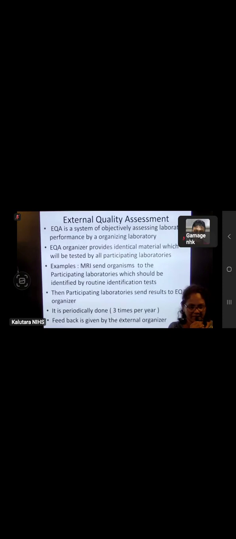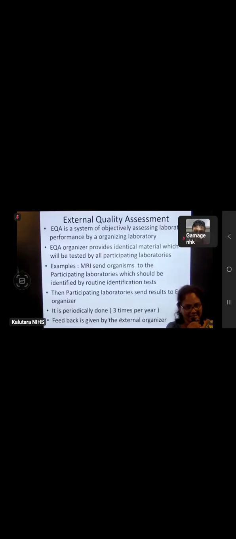They will tell the scenario, right? This organism is isolated from blood culture. Identify the organism, right? And then you have to isolate the organism there and identify the organism as routine testing.